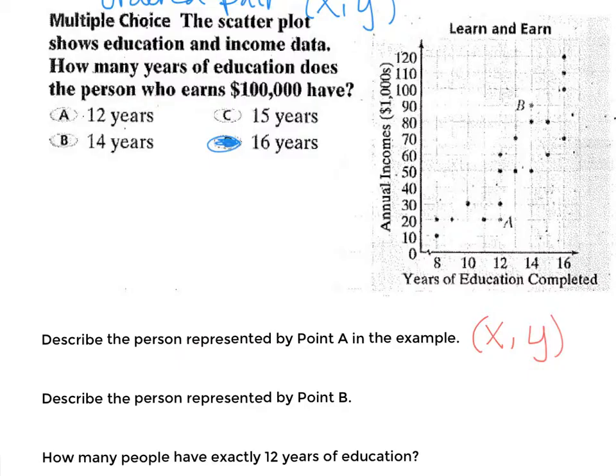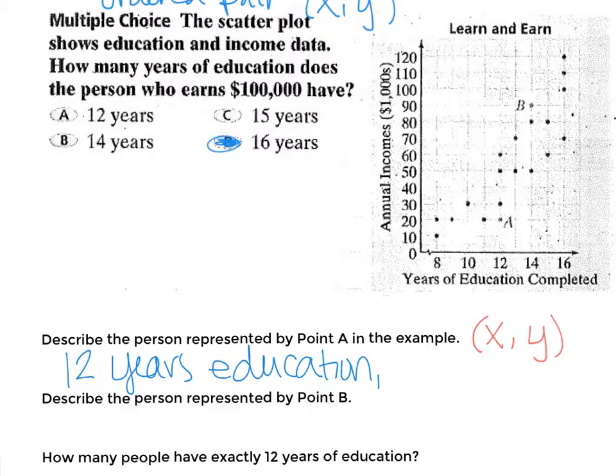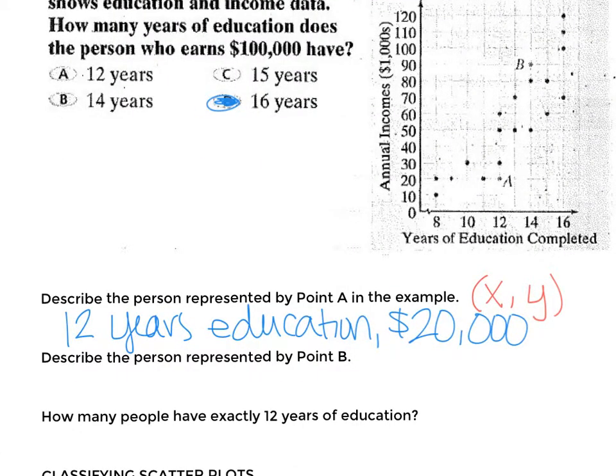What is happening is that point A, somebody has 12 years of education and they earn $20,000 a year. So one more time. Point A, your X value is 12 years of education and they earn $20,000.